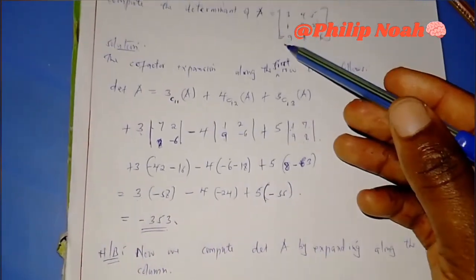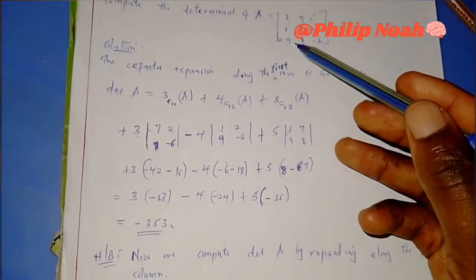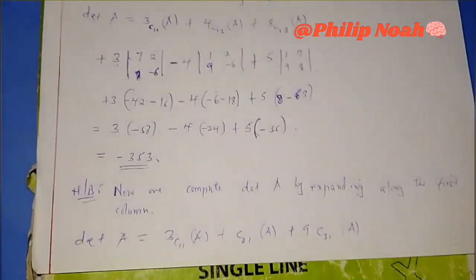Then 9 here is third row, first column, 3, 1, as you can see.